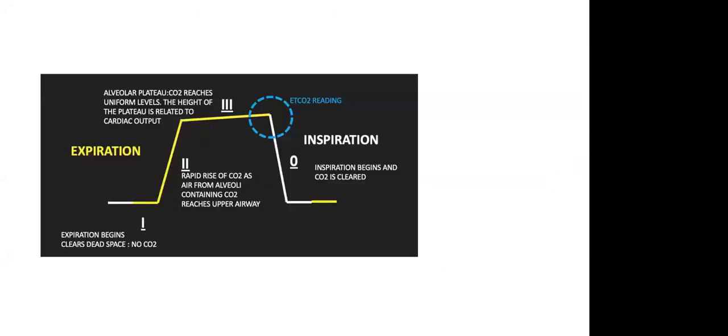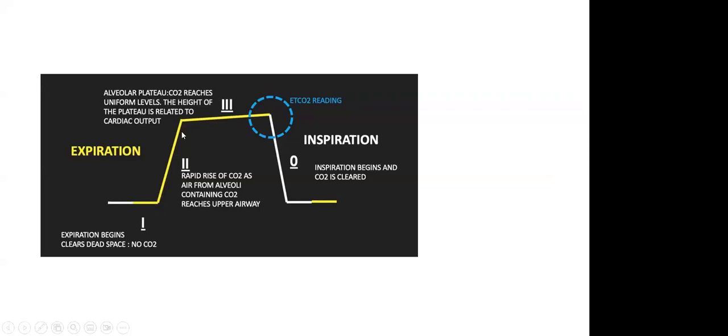So that indicates EtCO2. How it happens is, during your expiration phase, the expiration begins here. You do not have any CO2 because at that point of time, whatever is there in the dead space comes out.